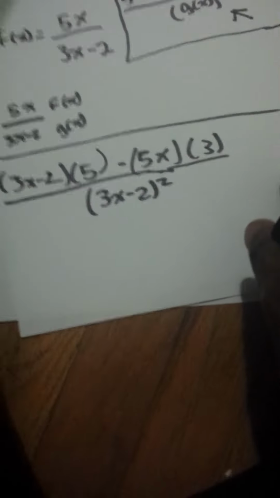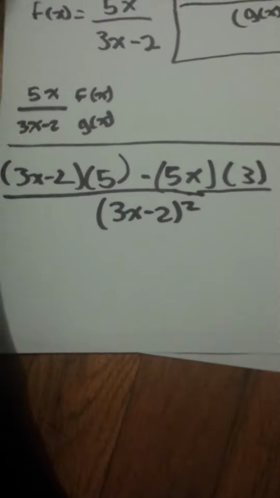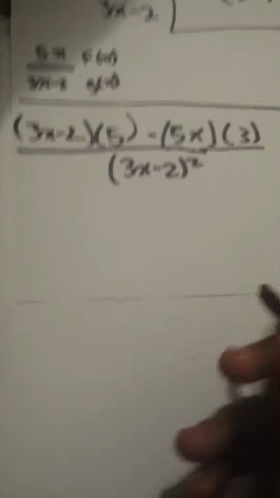squared. So now you can go on by just distributing and simplifying. So why not? Let's do that. Alright, so 3x times 5 is 15x.